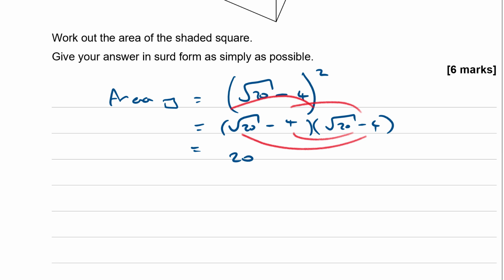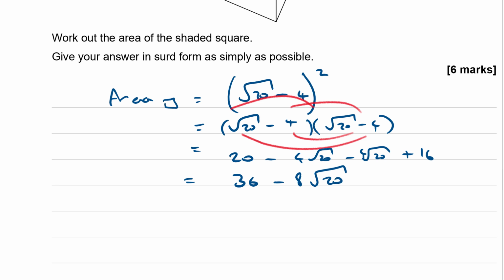Then I'm going to have minus 4 root 20 minus 4 root 20, and then minus 4 times itself is plus 16. So 20 plus 16 is 36, and minus 4 root 20 and minus 4 root 20 make minus 8 root 20.